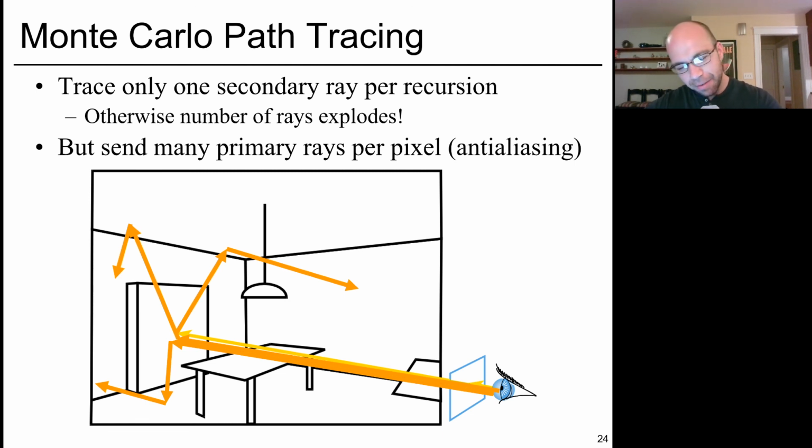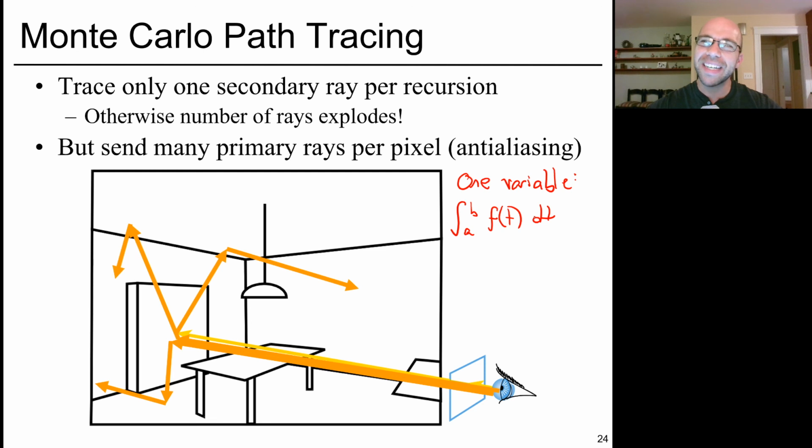So let's think in one variable for a minute. Let's say that I want to compute the integral of a function. So I have the integral from a to b of f of t dt. It's an undergrad class, so I don't want to forget my dt. Now, there are a lot of different algorithms, right? I could sample a bunch of t values, compute the average value of f of t on those t values, and then multiply it by b minus a.